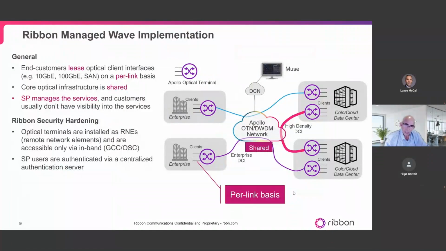And so how does this network look? Basically a managed wave service, pretty simple. You have typically a dedicated optical terminal that sits at the customer prem, but it's run over a shared optical core, whether OTN or DWDM. So multiple customers will share this DWDM core.